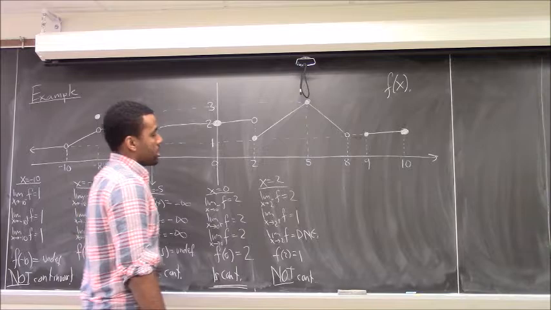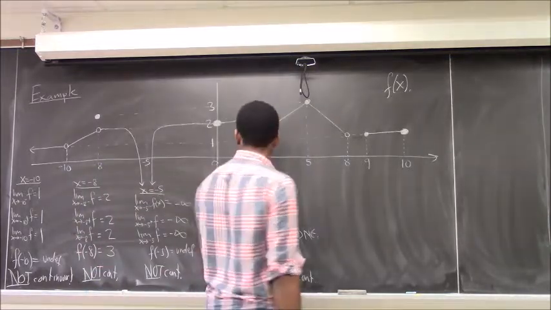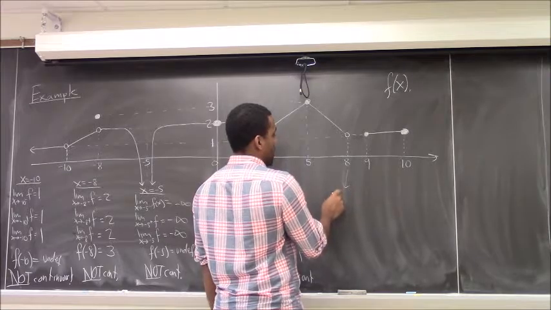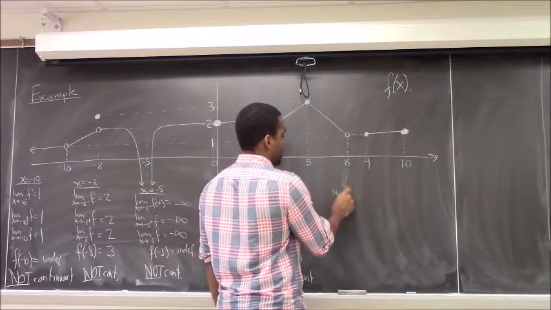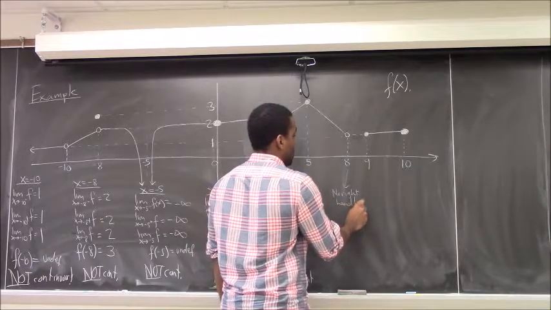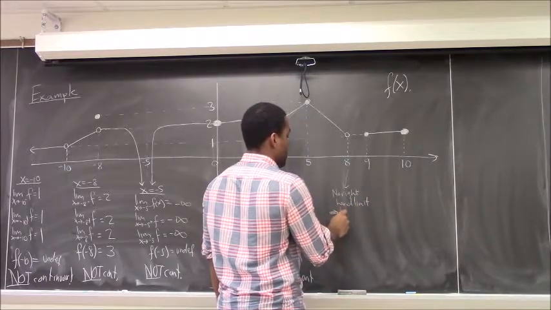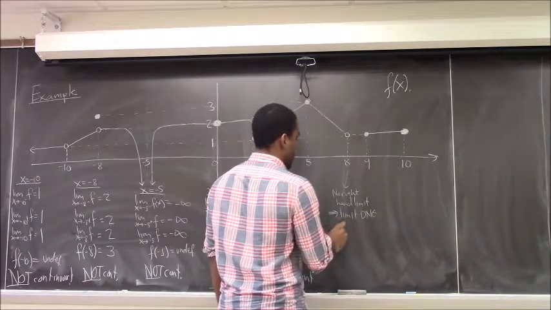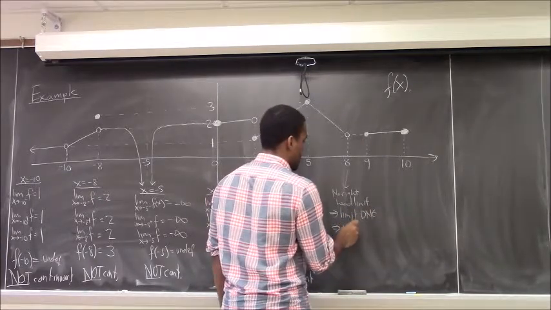And I think we're getting the idea here. So let's not actually go through this anymore. This one here, you have no right-hand limit. This means the limit does not exist, which obviously means it's not continuous.